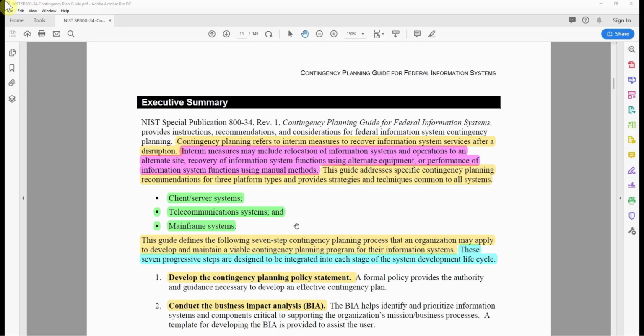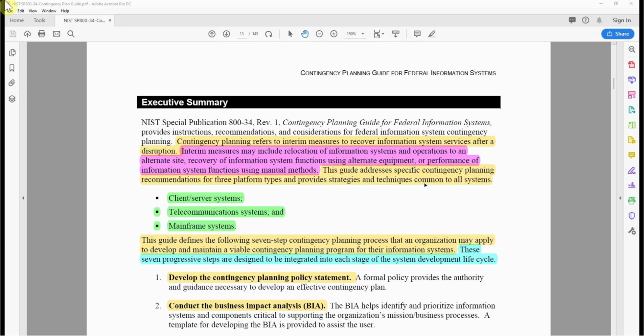Contingency planning refers to interim measures to recover information systems services after a disruption. Interim measures may include relocation of information systems and operations to an alternate site, recovery of information system functions using alternate equipment, or performance of information system functions using manual methods.